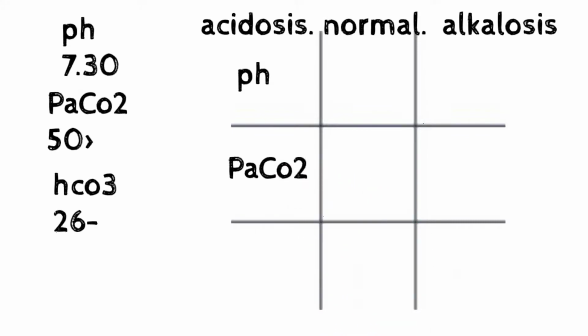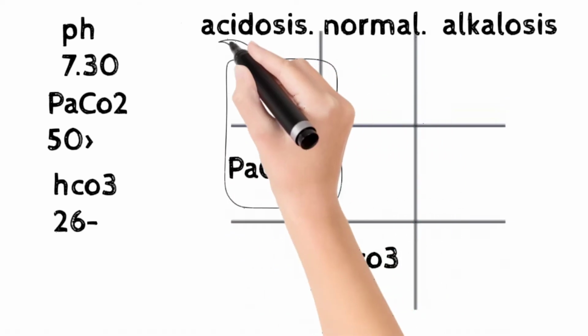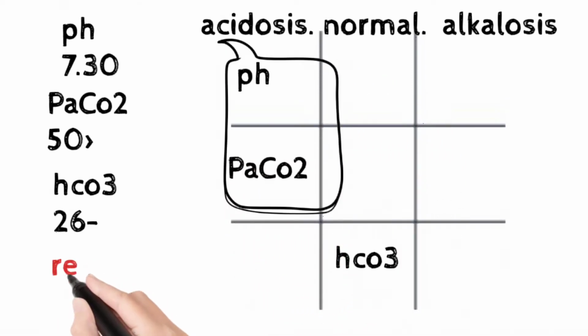Meanwhile, HCO3 is in the normal range. So it is called respiratory acidosis.